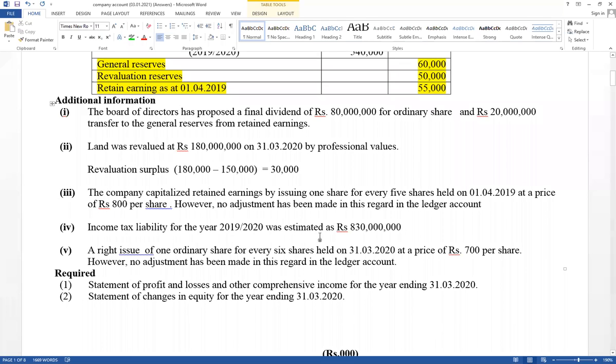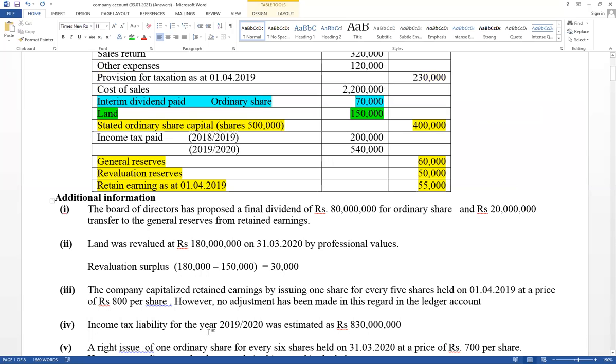Income tax adjustment, think about additional fourth one. It has given income tax liability for the year 2019-20 period was estimated 830,000. Income tax liability for the year, value is given. And see the trial balance also. Trial balance it has given provision for income tax available here.